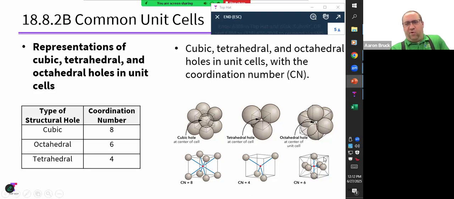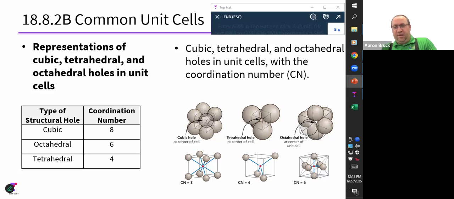And then the third type of hole is something called a tetrahedral hole. Now, we haven't talked a whole lot about these kinds of unit cells that only possess half of the unit cell's corners. But that's basically what's happening here.